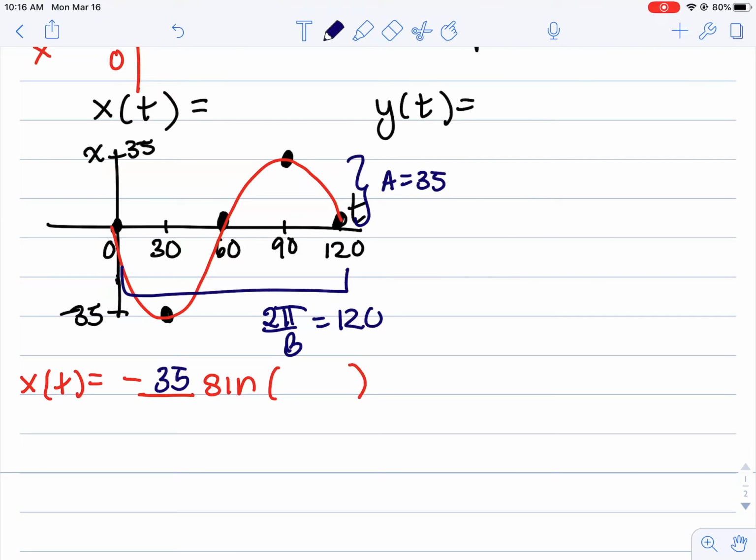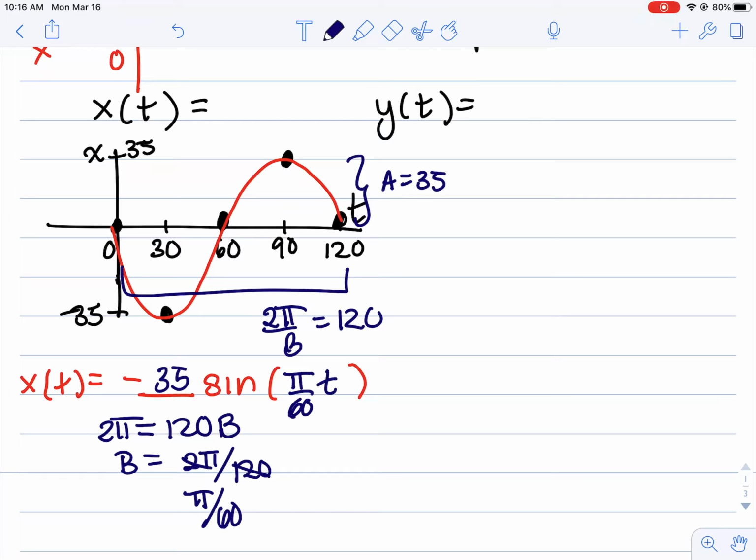So if we solve for b, we get that b is 2 pi over 120, which is pi over 60. So that's our b value. And our input variable is t. This is our parametric equation for x.